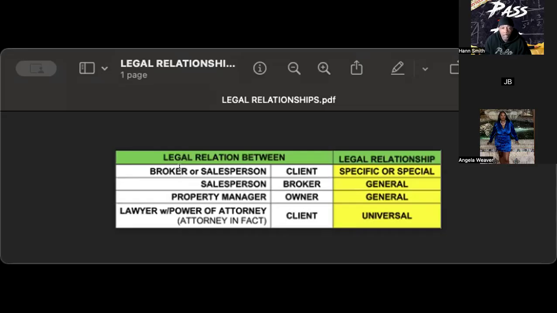Okay. Then what else do we have? We have a broker or salesperson with a client. That's going to be a specific relationship. A property manager and the owner, that's a general relationship. A lawyer or somebody with a power of attorney is going to have a universal relationship. But your relationship with your broker is a general agency relationship. Okay.